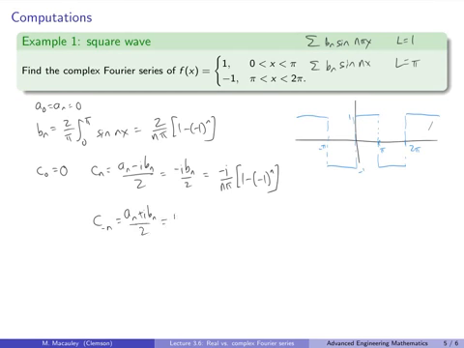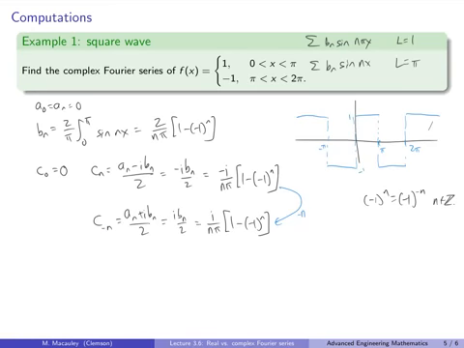So that's positive I bn over 2. And that's I over n pi times 1 minus negative 1 to the n. And remember that negative 1 to the n is negative 1 to the negative n if n is an integer. And notice that this is what you get by taking this and plugging in negative n in place of n. And this was always the case. For the complex Fourier coefficients, we didn't have to compute Cn and C negative n separately. And we don't need to do it here either.